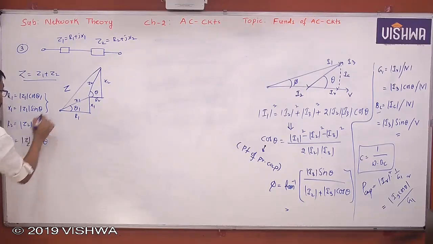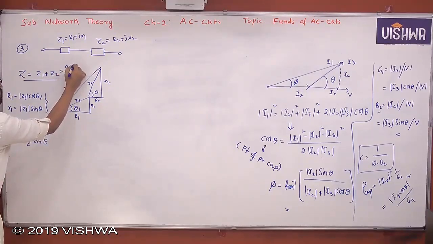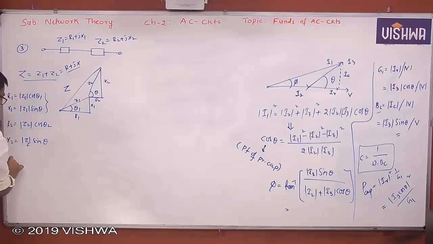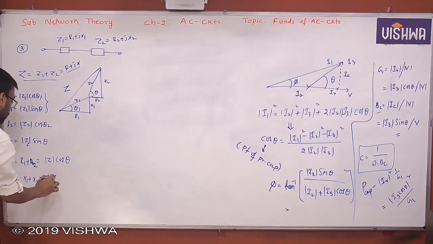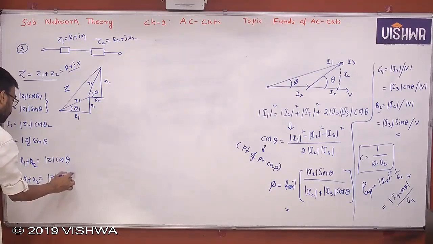Similarly, the effective impedance will become R plus jX, let us say. Then R, what is this R actually here? R1 plus R2, and also Z cos theta. X is nothing but X1 plus X2, and also Z sin theta. Clear?